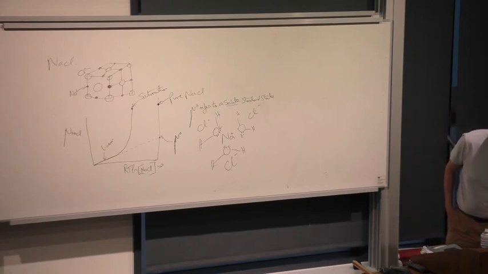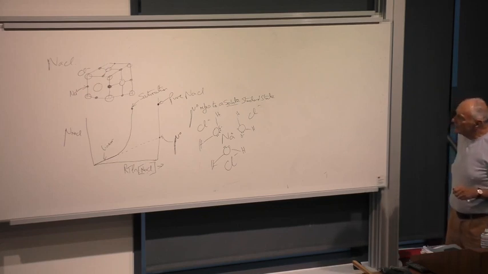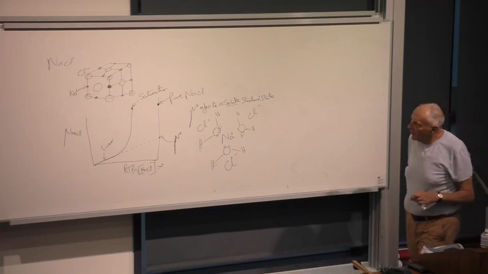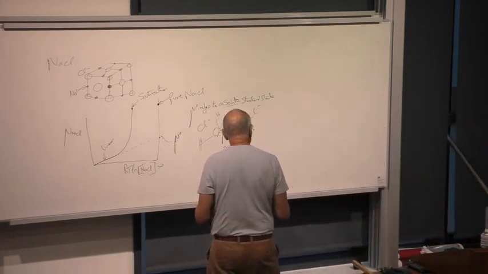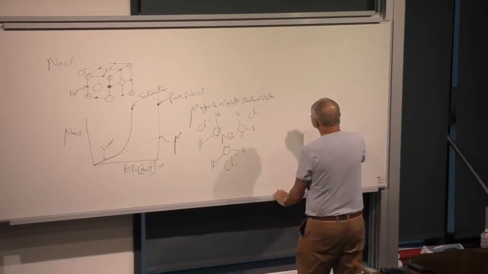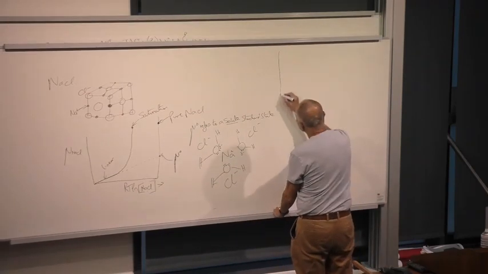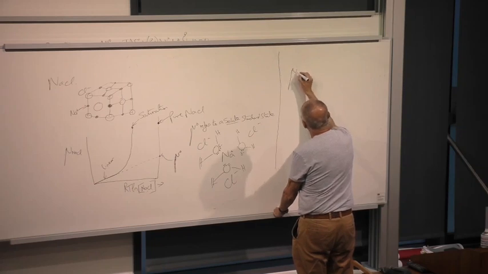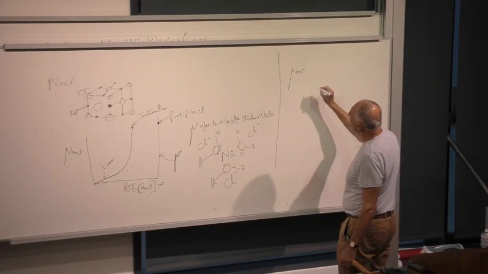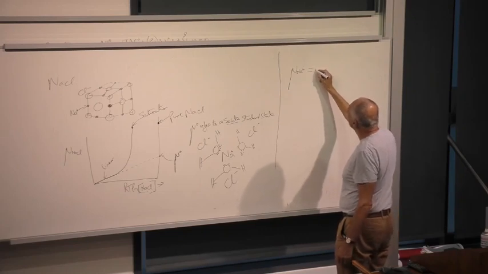Okay, so using our standard state, our infinite dilution standard state, we can actually get the chemical potentials of the individual ions. Right?